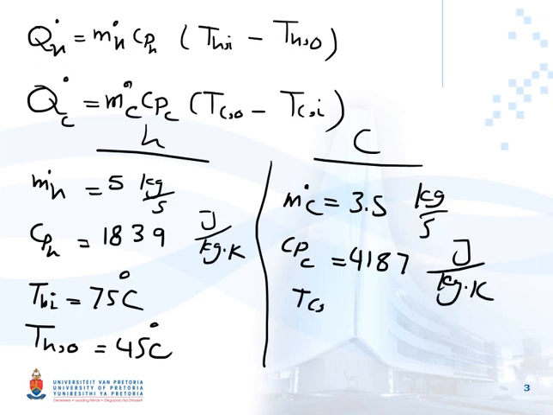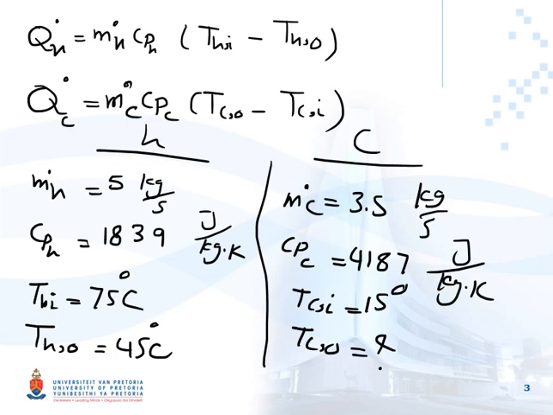Tc in, cold in, is 15. Tc out we don't know, so we need to find it, but we know that it's higher than 15.